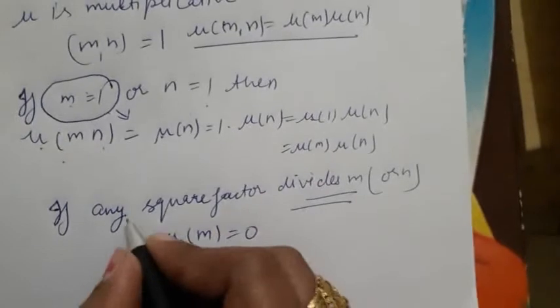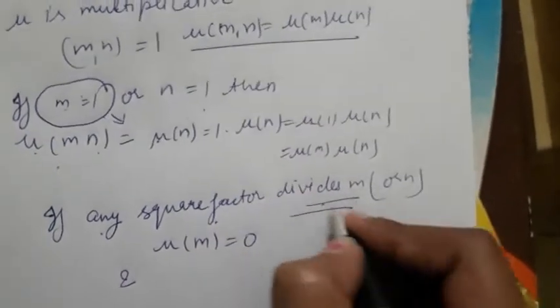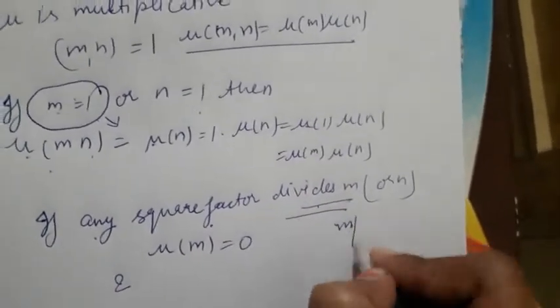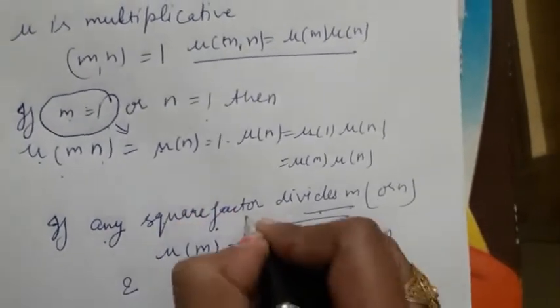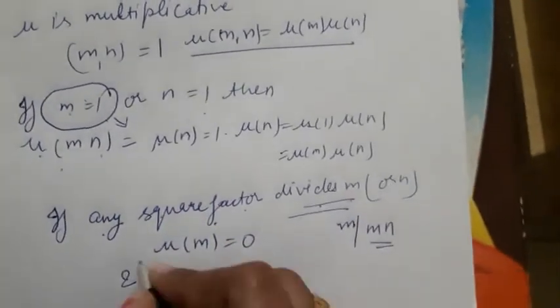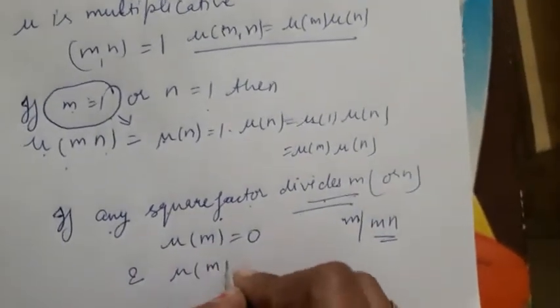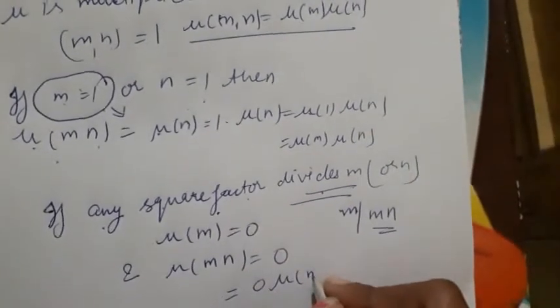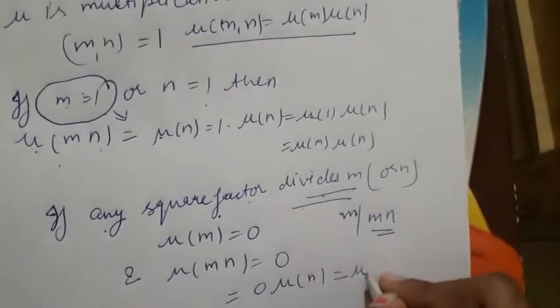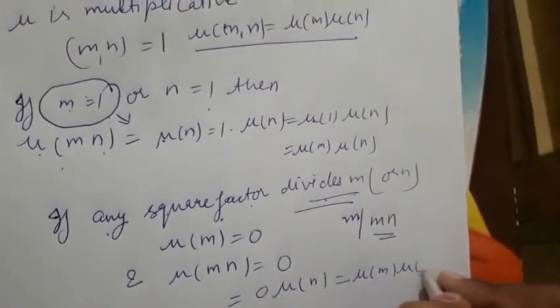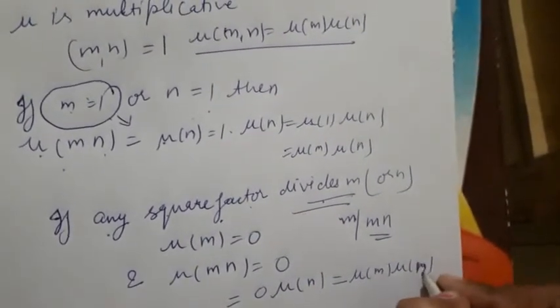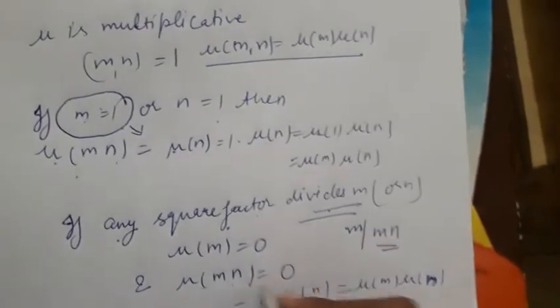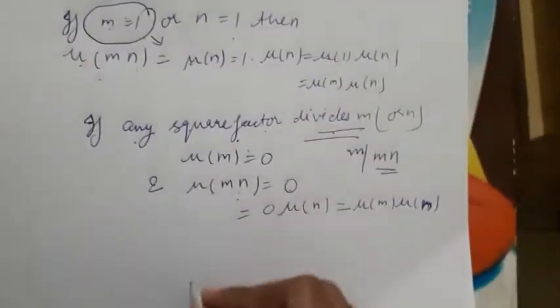And if any square factor divides m, then m also divides m into n, so that square factor also divides m into n. So therefore mu of m into n also comes out to be 0. That is 0 into mu n, and 0 is equal to mu m into mu n. Mu m into mu n is also 0. So mu of m into n is 0. Therefore the result is true.